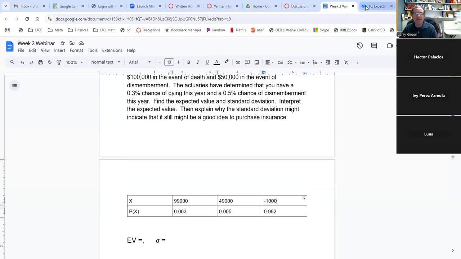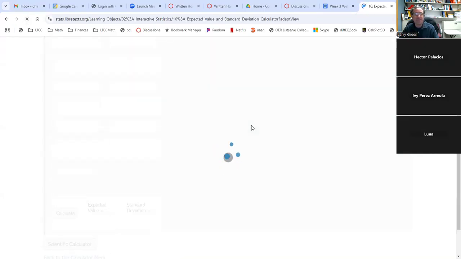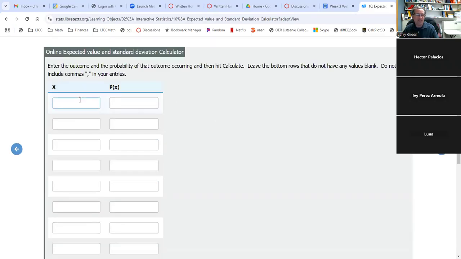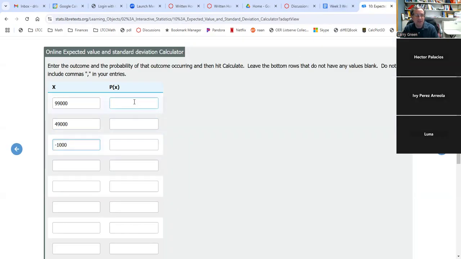So let's put into the calculator 99,000, 49,000, and -1,000. I'm gonna just hit the refresh button. I think that's the easiest. That clears everything out. 99,000, and then 49,000, and -1,000. Then the probabilities were 0.003, 0.005, and 0.992.